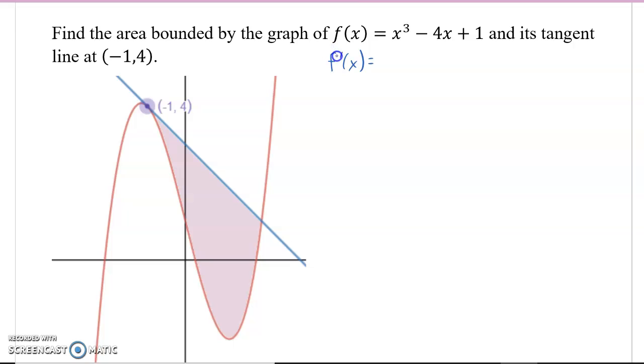We need to take the derivative because the derivative gives us the slope. We're interested at the point negative 1 comma 4. When x equals negative 1, we get a slope of negative 1.